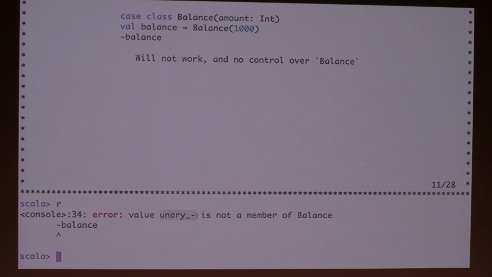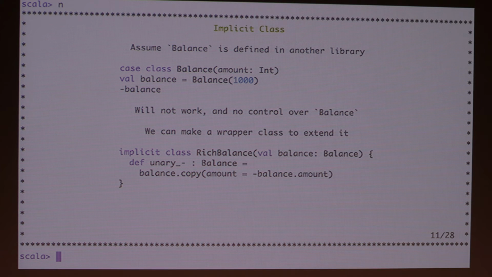This syntax is a way to write a prefix notation. So if a method with unary underscore is defined, you can actually put it in front of your value. So this should only work if this method is available on Balance. Well, it isn't, so we cannot use it.